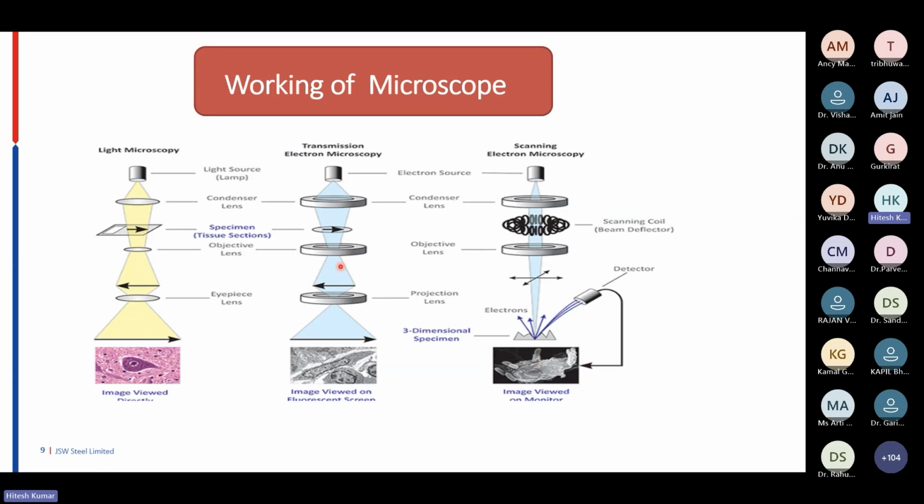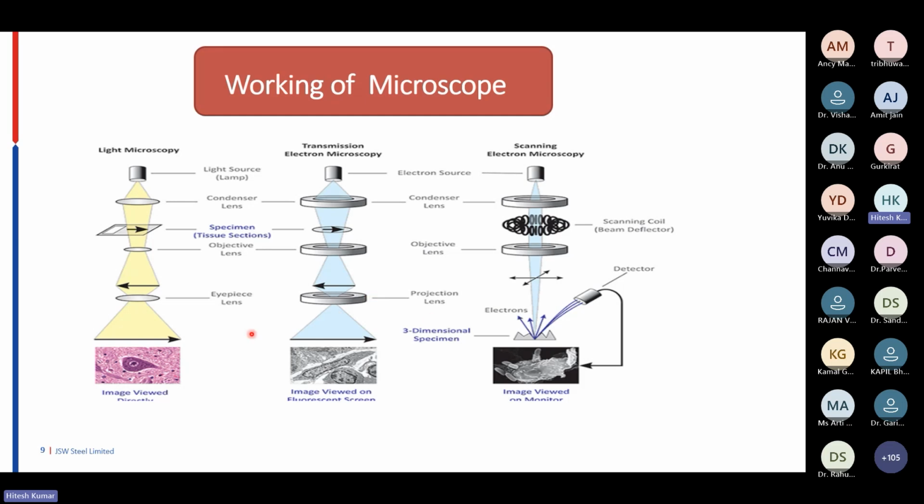But in transmission electron microscopy, the detector is not at a particular angle where diffraction takes place. Here transmission is the basic thing: your detector is just below your specimen.